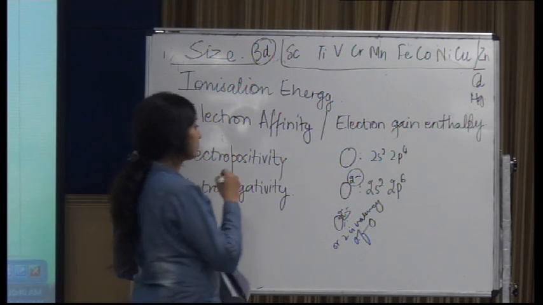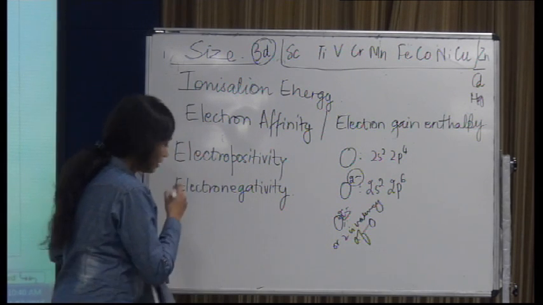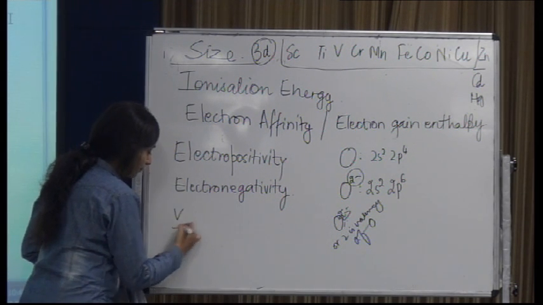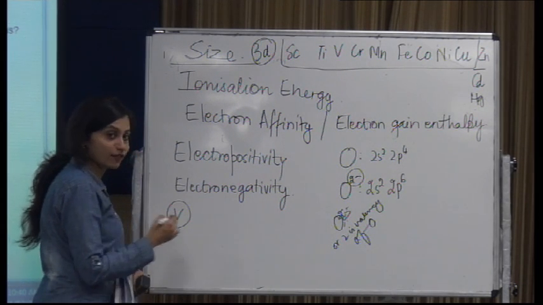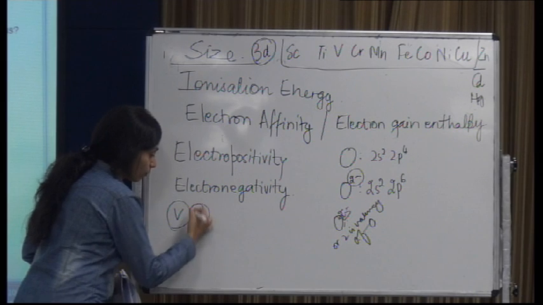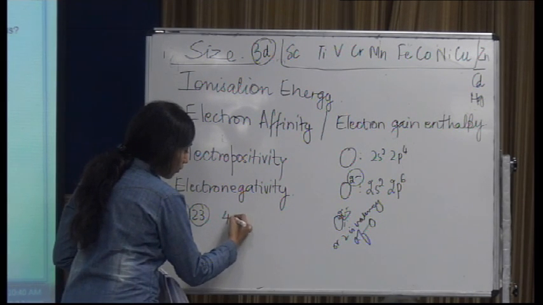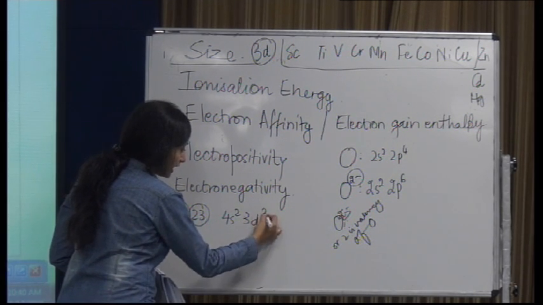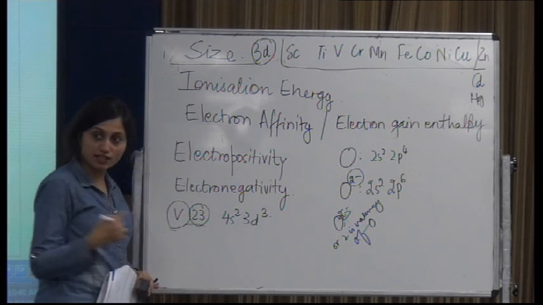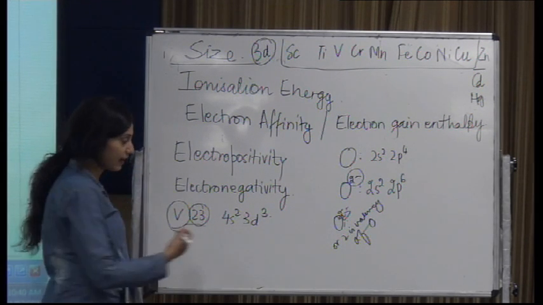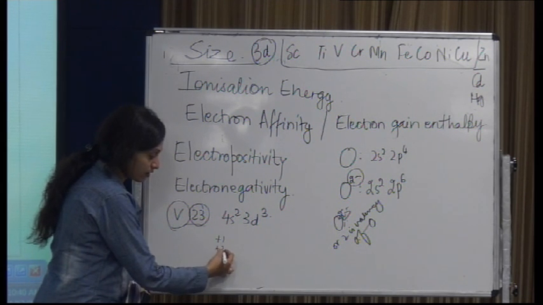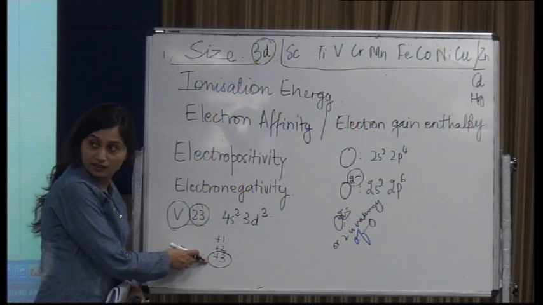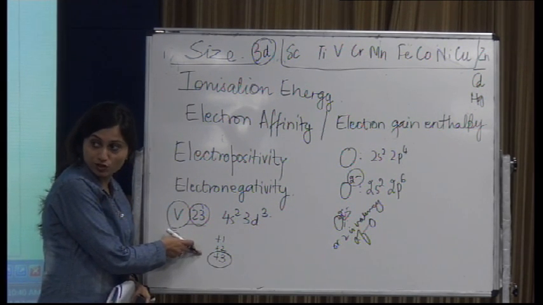For example, take vanadium. What is vanadium? Atomic number 23. What is the configuration? 4s2 3d3. Let me tell you the oxidation states it can display. It can easily give 1 electron, 2 electrons, or 3 electrons. The most stable will be +3, but it can show +1 and +2 also.